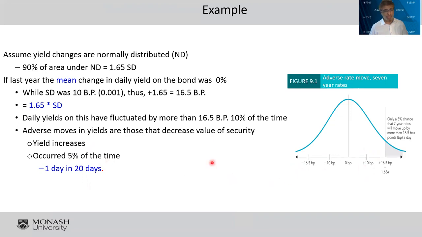Which means we are taking 90% confidence, and 5% of it is 1 day out of 20 days. It's actually the 5% here, which is 1 day in 20 days.